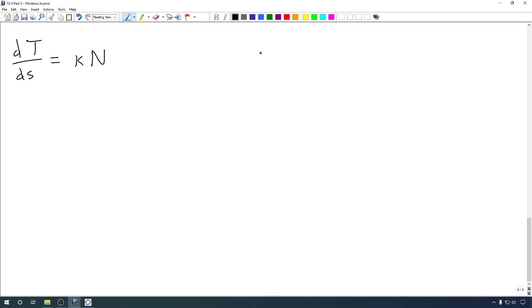We can also define another function similar to kappa. This is called the torsion. It's given by the Greek letter tau. It's like a lowercase t. Tau is going to be defined to be the magnitude of the derivative of b with respect to s, though we actually put a minus sign there.